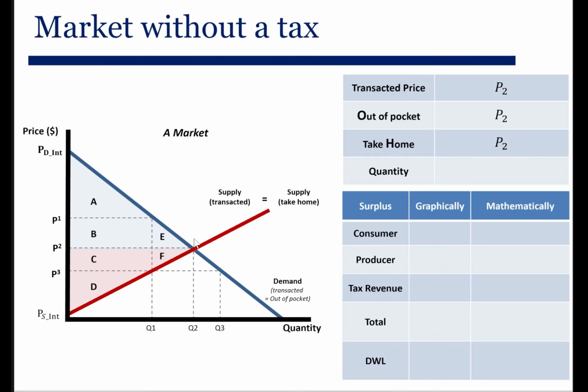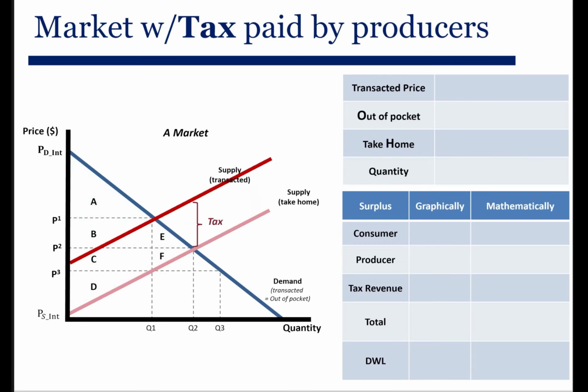This price 2 captures everything there. With a tax, we have this split between the transacted amount and the take-home amount. Those are going to be different amounts because of that tax on the producers. The transacted price is going to be P1, the intersection of our transacted curves. The out-of-pocket is going to be P1 as well.